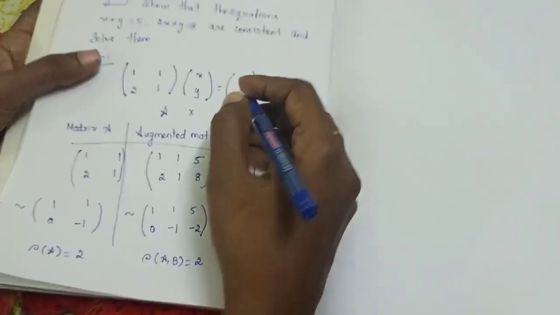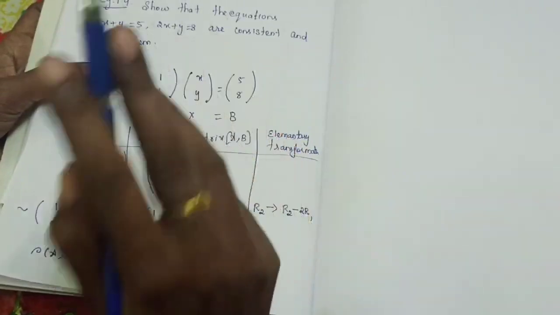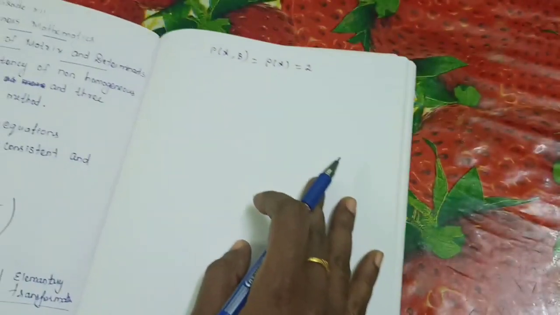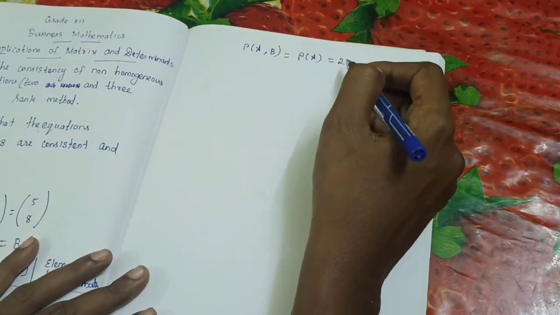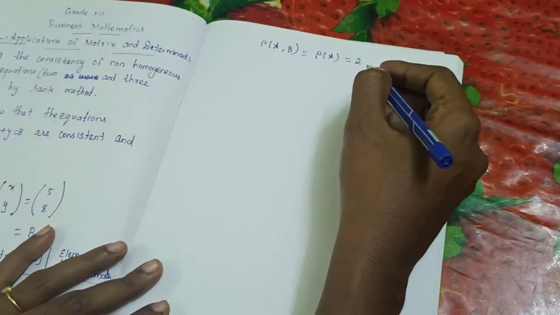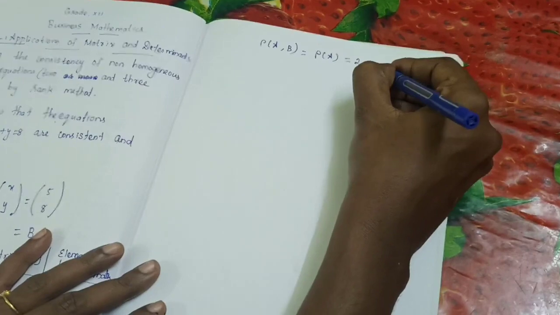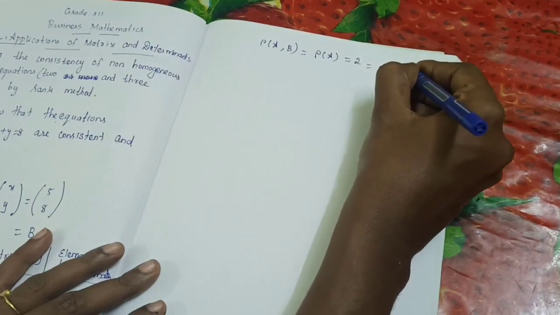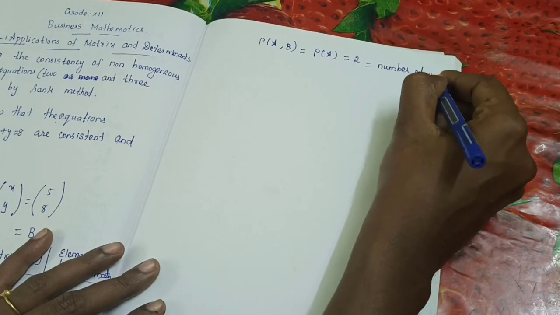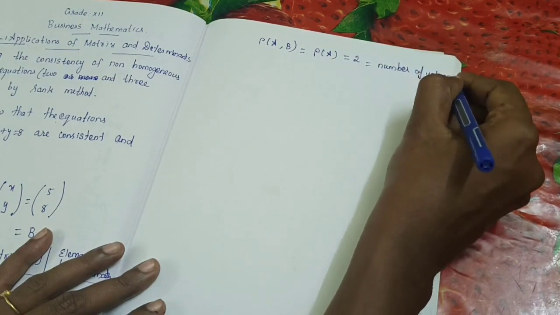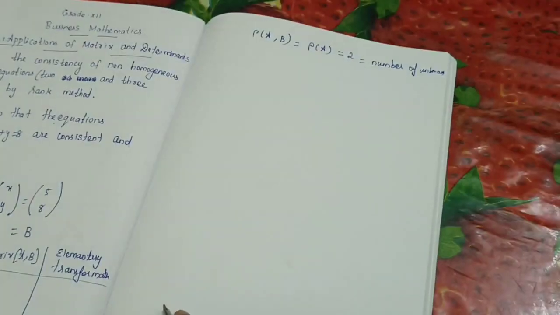You need to find that out first. 2 unknowns, x and y. So both are equal to 2, which is the same as the number of unknowns, that is equal to n.